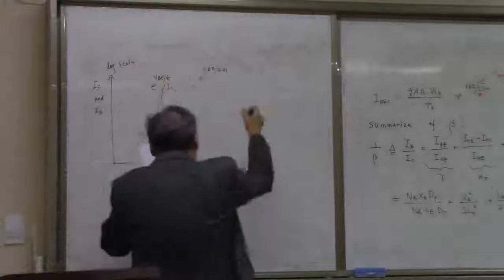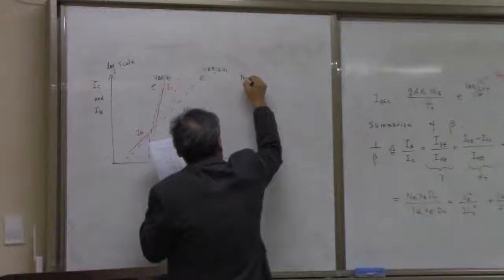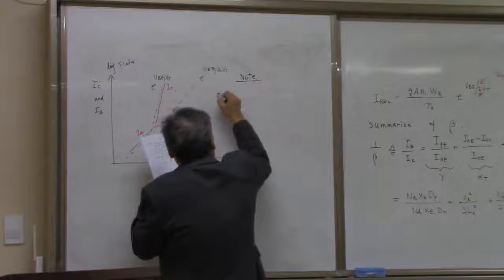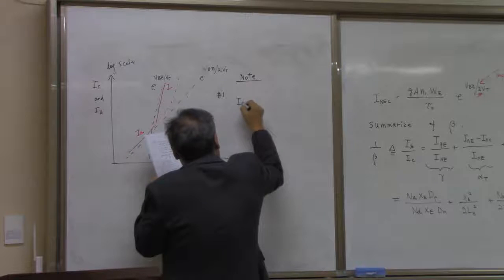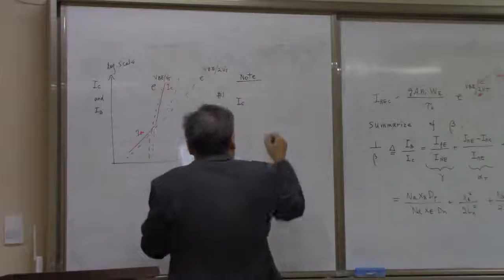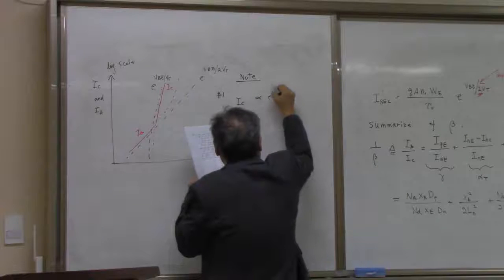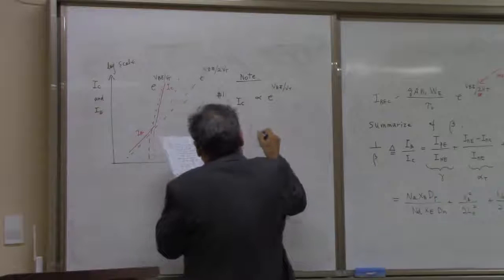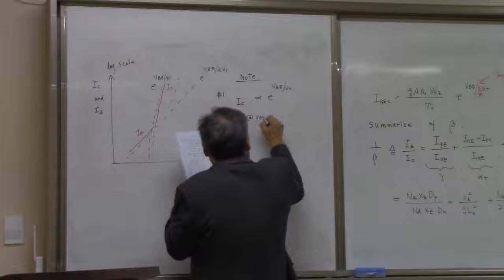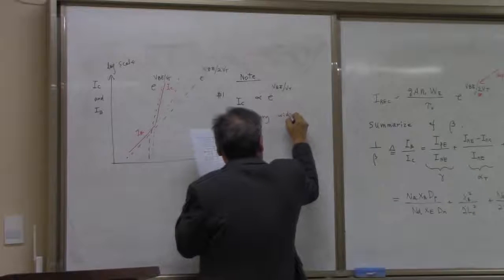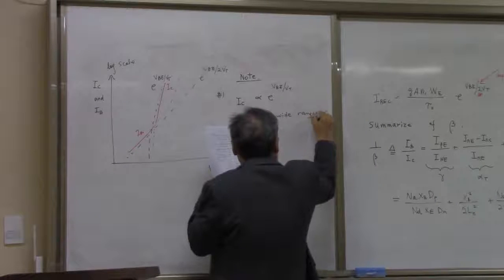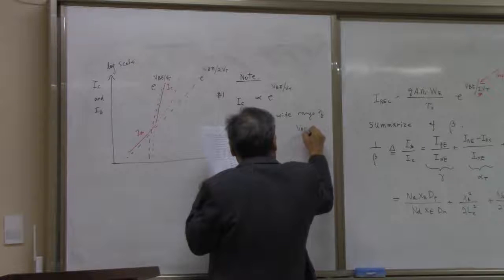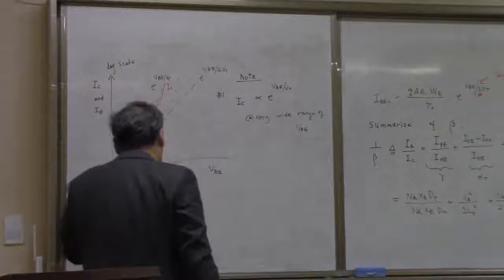So, in this plot, we can see that, number one, the collector current is proportional to e to the VBE over VT over a very wide range of voltage. Okay?